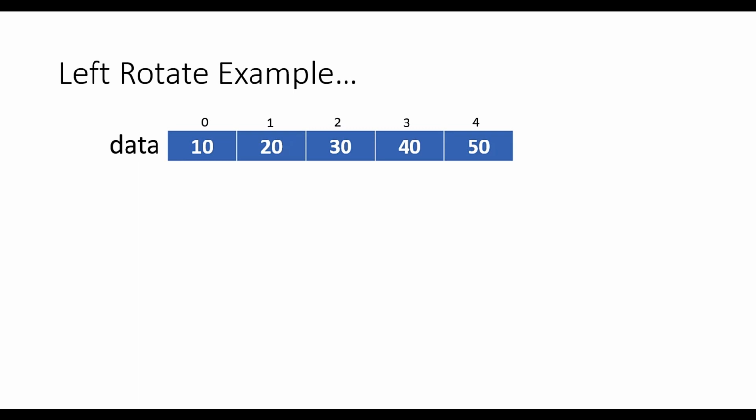So first we'll take 10 out of the array. When I say out of the array, it basically means we'll copy 10 in some temporary variable. Let's say we have a temporary variable by name temp, and we'll copy 10 in the temp variable.